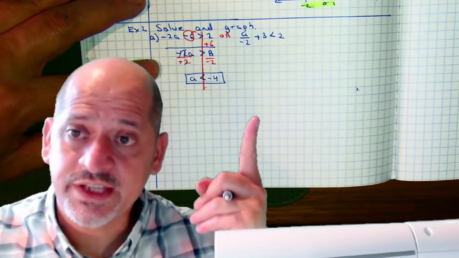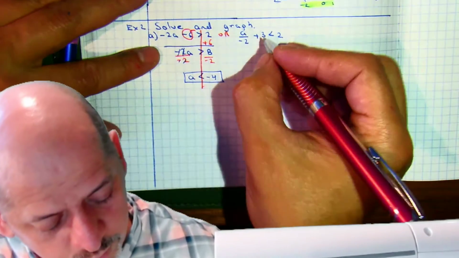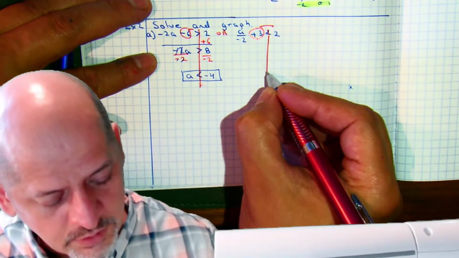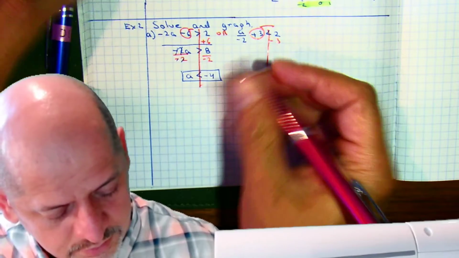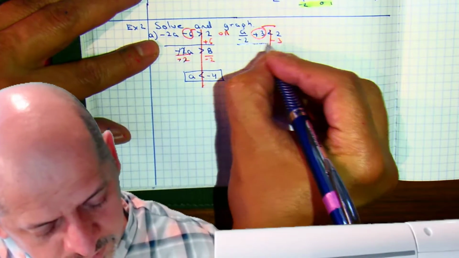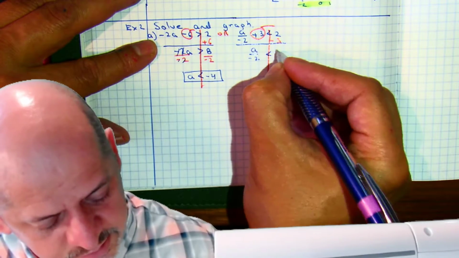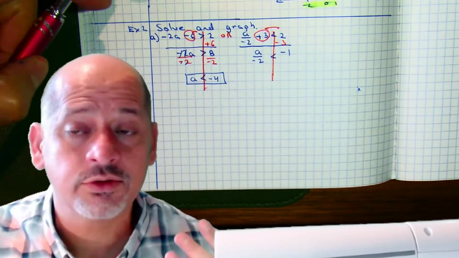And now I'm going to solve the second one. To solve the second one, I'm going to move my 3 to the right, and let me draw the line. Move my 3 to the right becomes a -3. That gives me 8 divided by -2, and that gives me -1. And what is my last step? Is to divide by, not to divide.